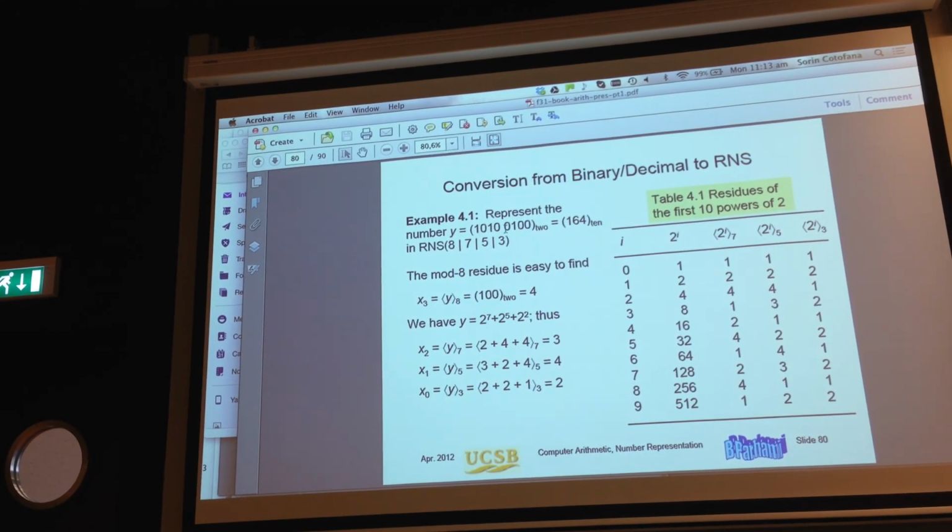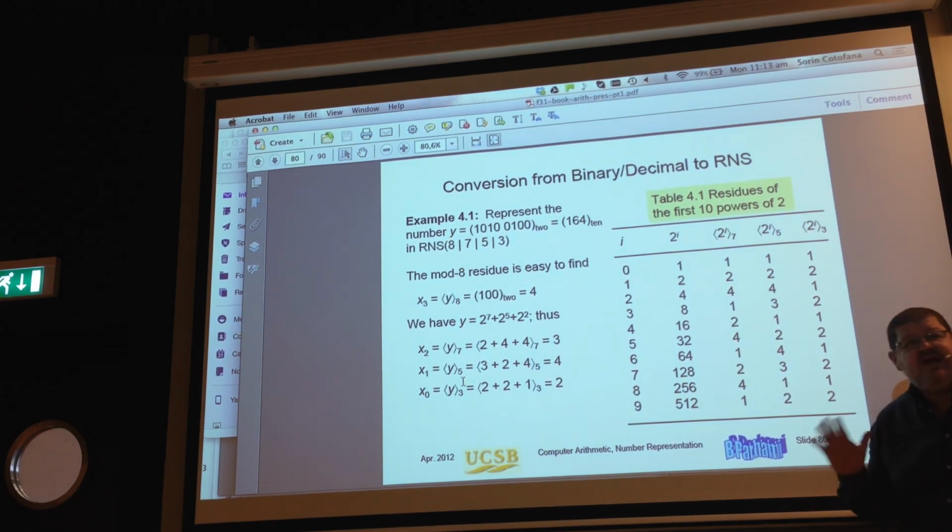The same for this. Then modulo 8, it's essentially this guy, 4. For the rest of the guys, I just have to look at the bits which I have here and compute the representation of the number modulo 7 by having the modulo 7 of this element, and of this element. And the same story will hold true for modulo 5 and modulo 3.